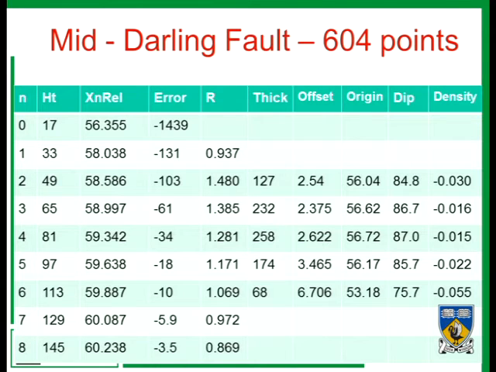Something about the errors and the repeatability now. Geophysics can not only give you an answer, but when we're going to do this sort of a stunt, we can probably also start to tell you a lot more about error margins. So with the McGrath algorithm, which is the simple scalar one I'm demonstrating here with the Darling Fault, you get a density, you get an offset.